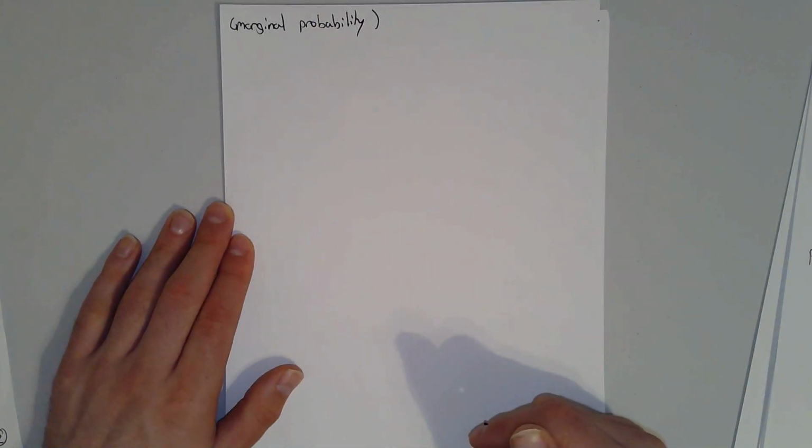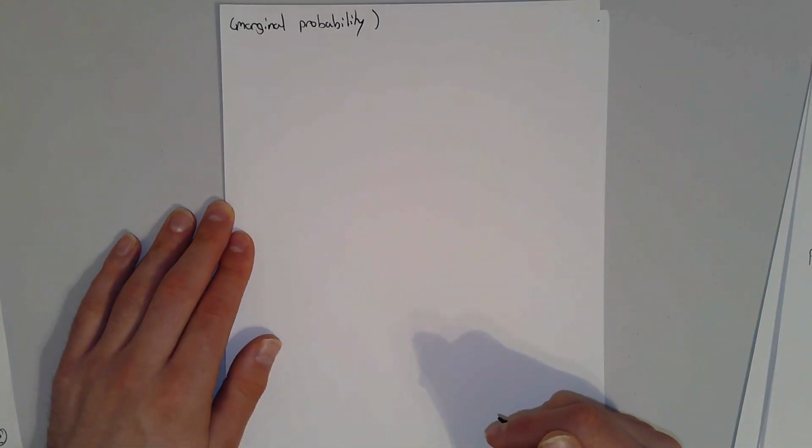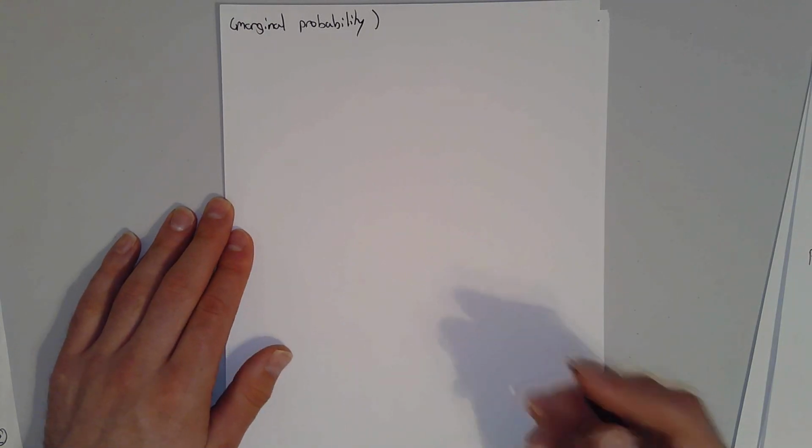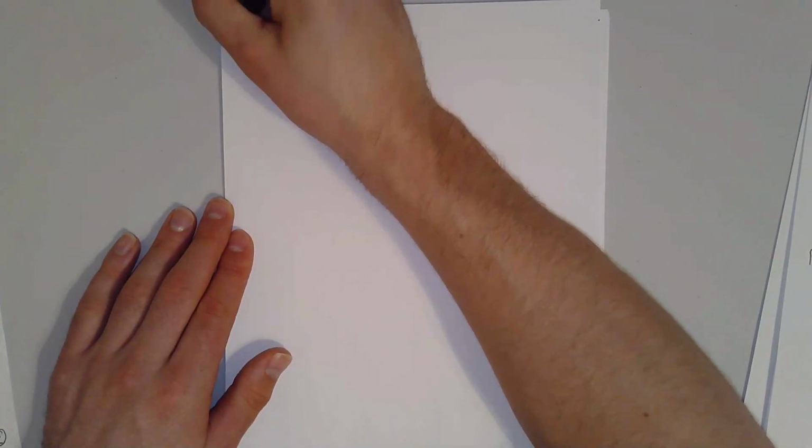So marginal probability, or the marginal probability mass function, is defined as follows.